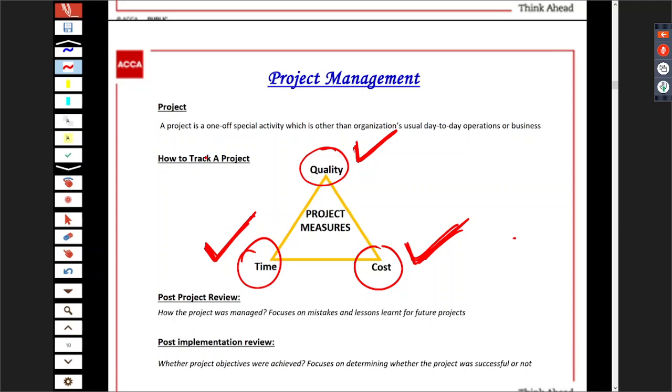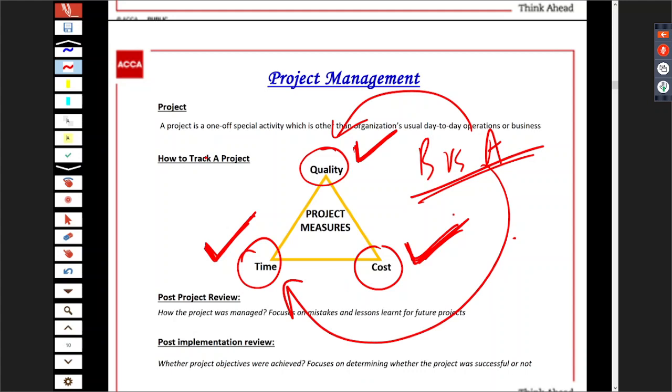And once the project is underway, you will track budget versus actuals for quality, for time, and for cost, because all three variables, or all three legs of a project, need to be tracked. All right.